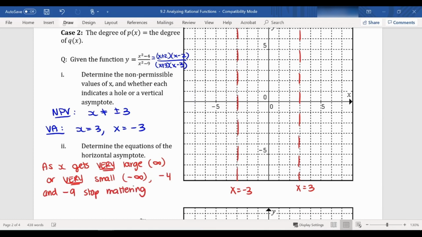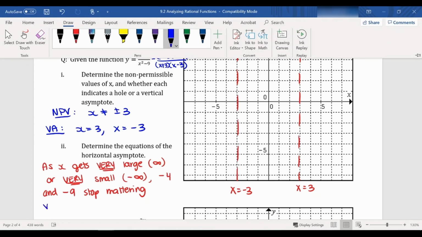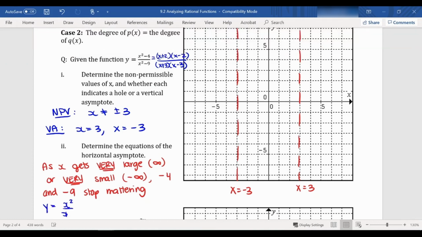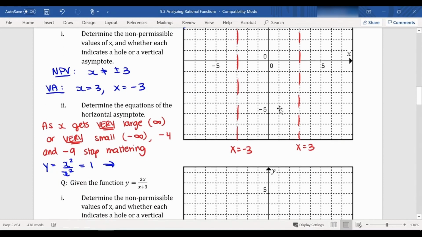So what happens is we really end up with almost like a y equals x squared over x squared situation. And this simplifies to be 1. This means that as x gets very, very big or very, very small, they essentially cancel each other out, and we end up heading towards 1. Okay? This means our horizontal asymptote is at y equals 1.